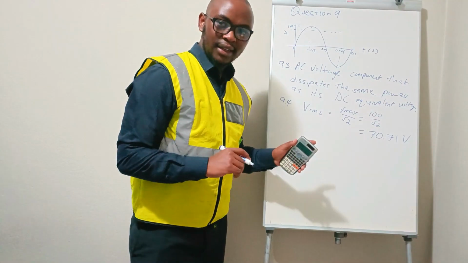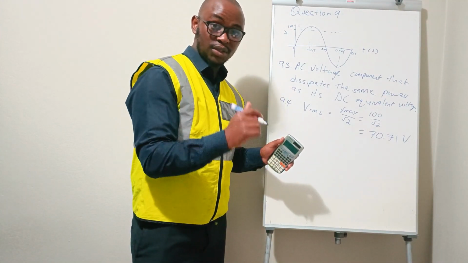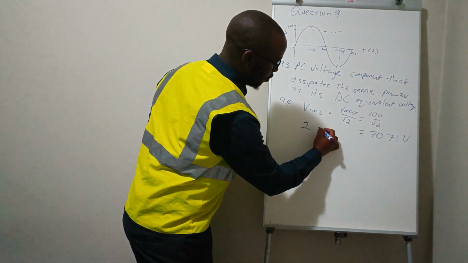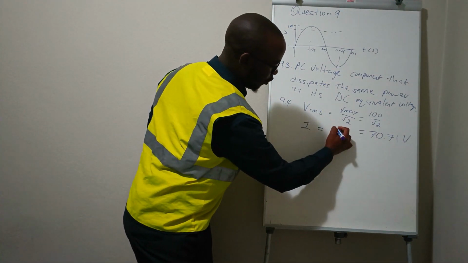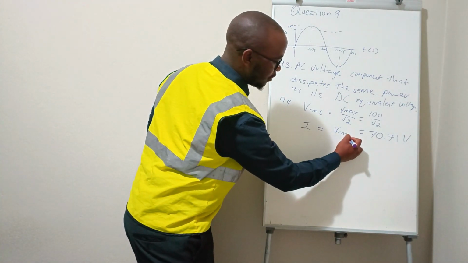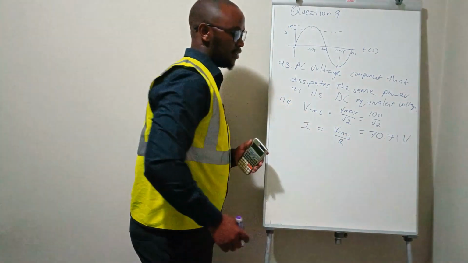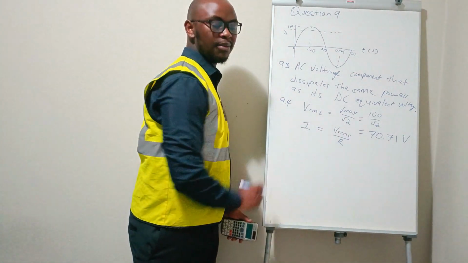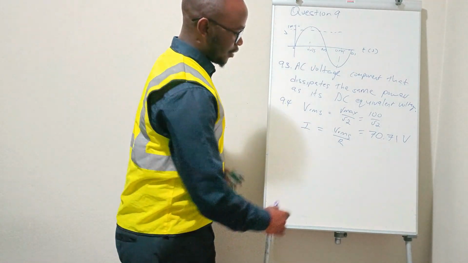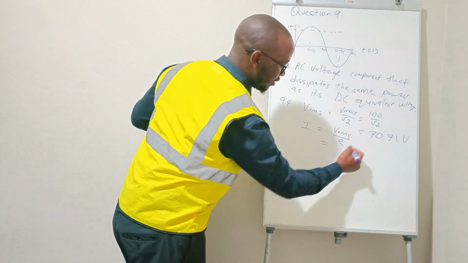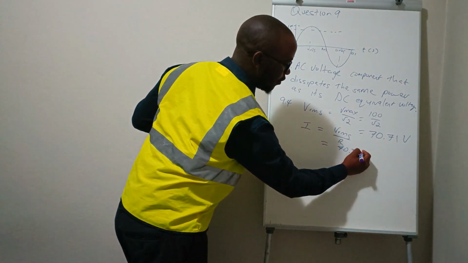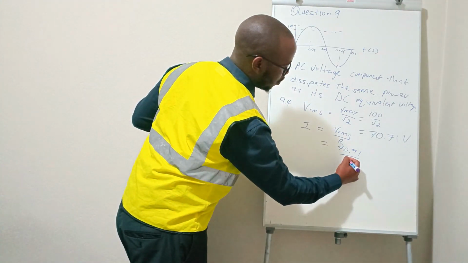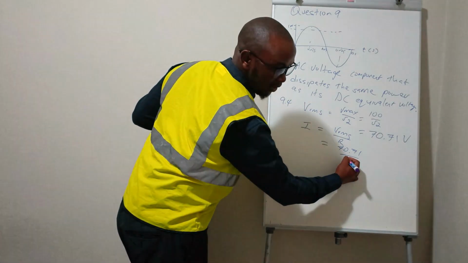Now, the RMS current, if you also go to those equations, you're going to find that it is equal to the voltage RMS over the resistance. Basically, Ohm's law: voltage is equal to current multiplied by resistance. So we have the VRMS as 70.71 and the R is equal to 25 ohms.